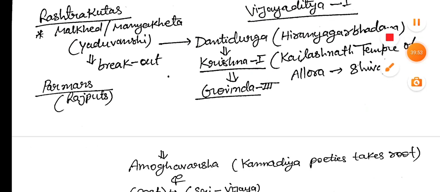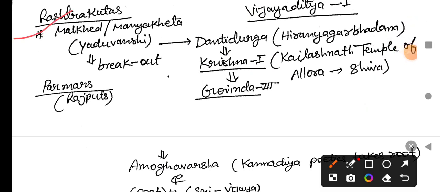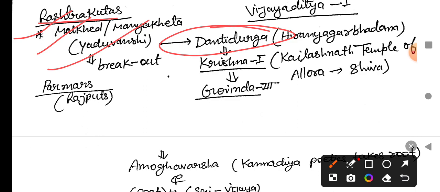Next are the Rashtrakutas. The capital of the Rashtrakutas was Malkhed or Manyakheta. They were Yadavanshi, and after their breakout, came the Rashtrakuta king Dantidurga. Dantidurga gave a gold gift to the Brahmins known as Hiranyagarbhadana. After Dantidurga, Krishna I came, and the Kailasanatha temple was built by Krishna I. The Kailasanatha temple is located in Maharashtra, and Ravana shaking Kailash is depicted here.